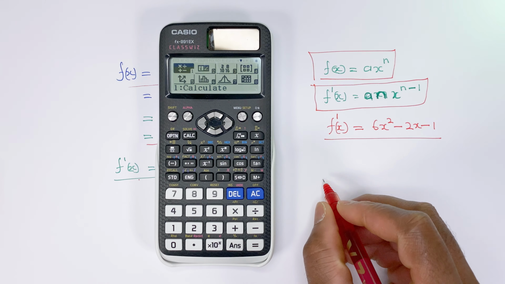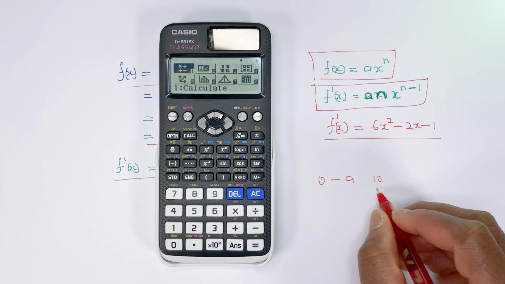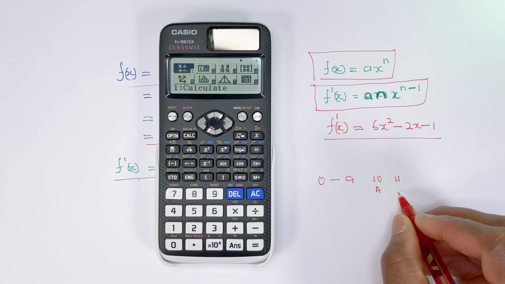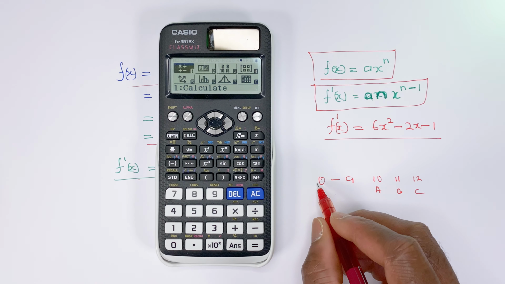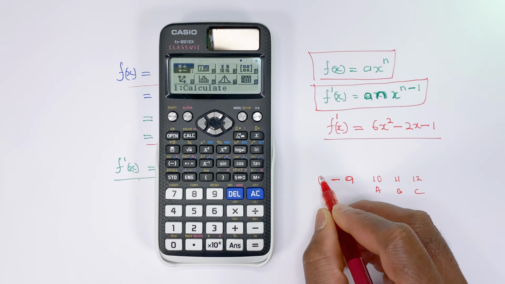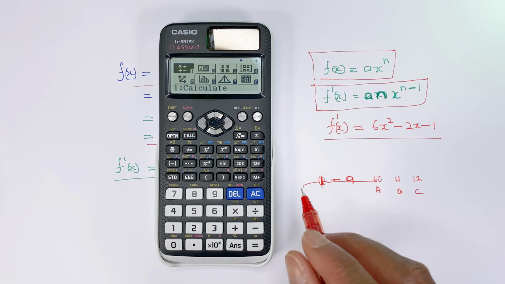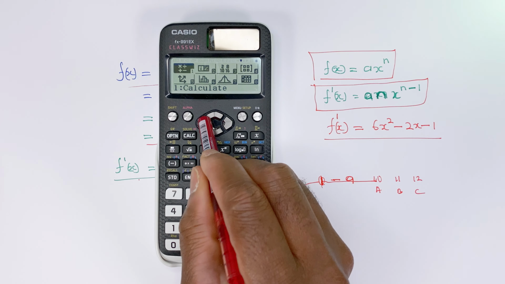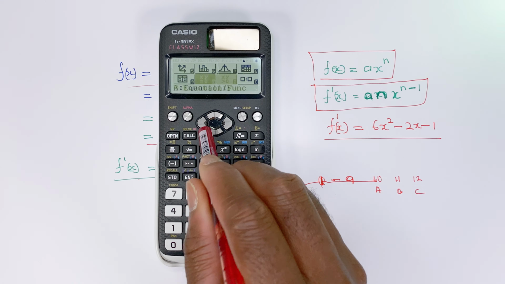The calculator goes from 0 to 9, and then 10 is called A, 11 is B, and 12 is C. So going back is quicker: C, B, and A.